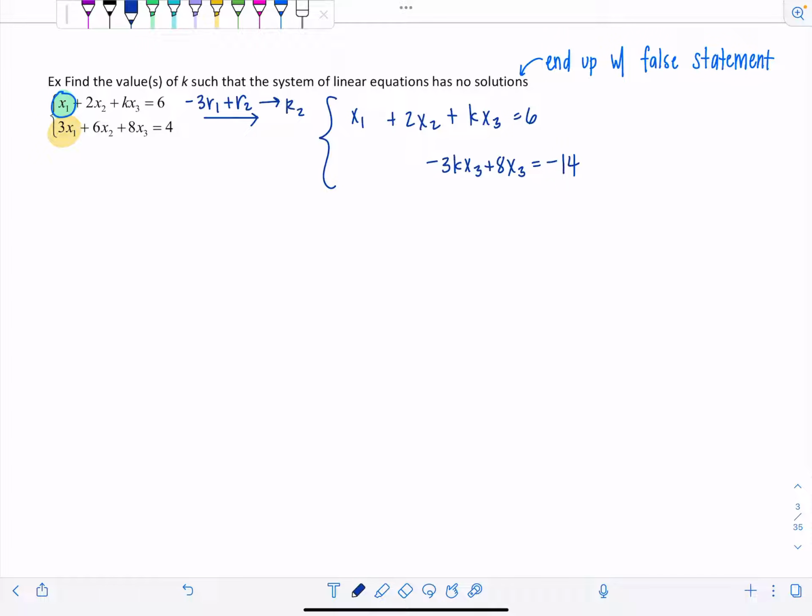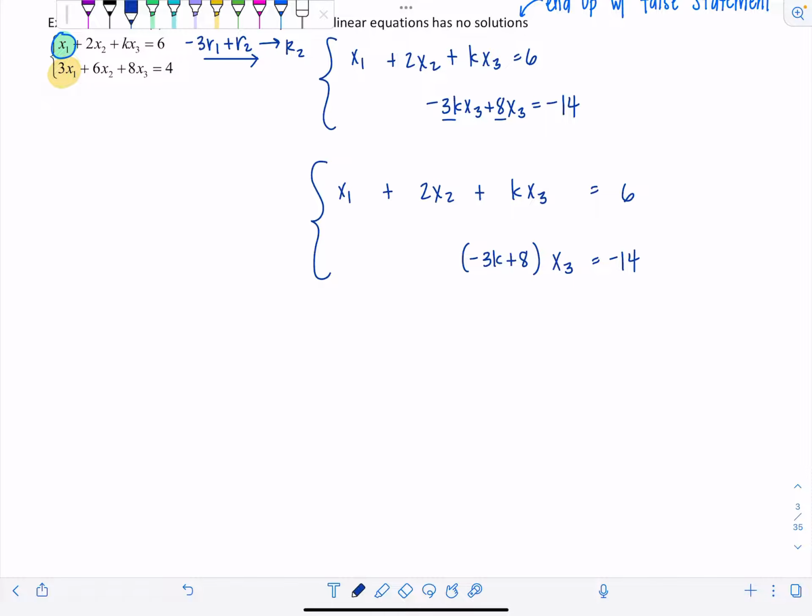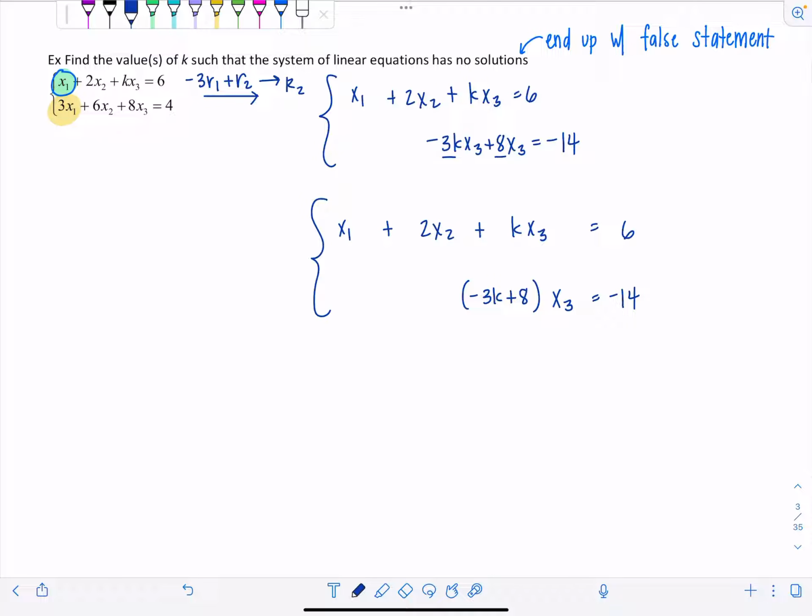Okay, to more succinctly write it, let me just factor out the coefficients on x3 here. So x1 plus 2x2 plus kx3 = 6. And then I have -3k plus 8 times x3 = -14. Okay, so here's the idea, because they want us to figure out what k needs to be so that we have no solution.